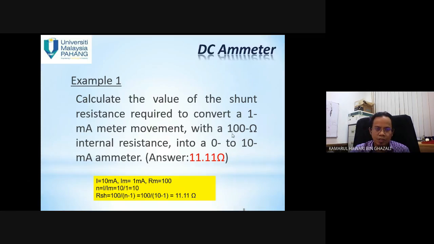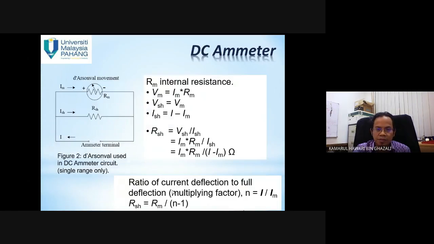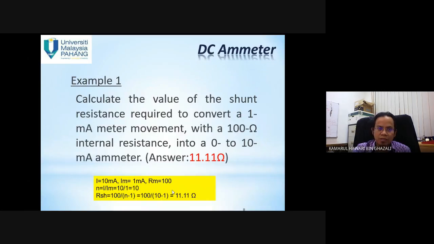To realize all the equations just now, we can see an example here.